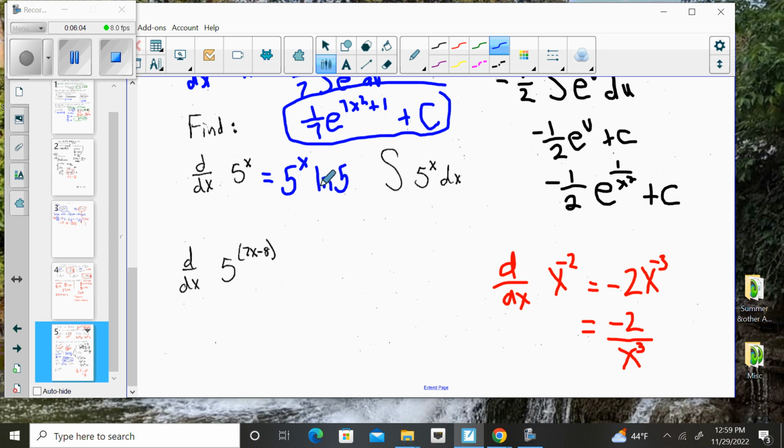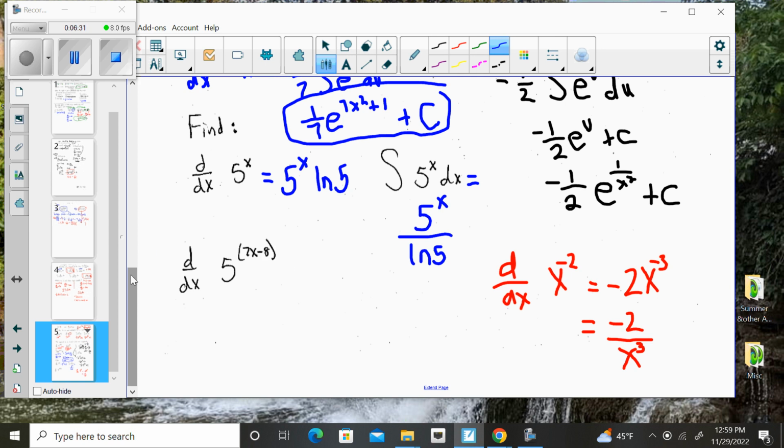Of course, for e, it's still the natural log of e that is there when you take the derivative, but we know the natural log of e is 1. So if this is the derivative, then what's the antiderivative? What is the reverse of this? That would be 5 to the x divided by the natural log of 5.